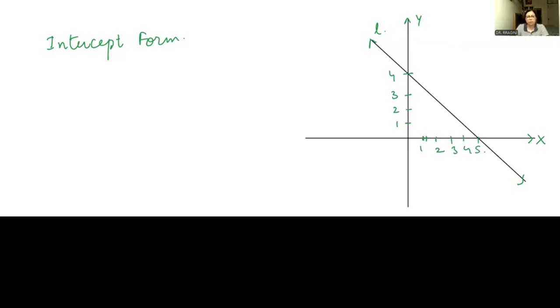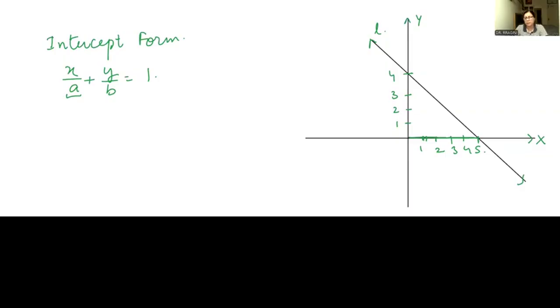Now, what is the intercept form? The intercept form is the form in which a line is cutting the x-axis as well as the y-axis at two distinct points. The form of the equation is x upon a plus y upon b is equal to 1. This is the format. Now, what does this a represent? A represents the length of the intercept the line is making on the x-axis. You can see here the line is cutting the x-axis at 5.